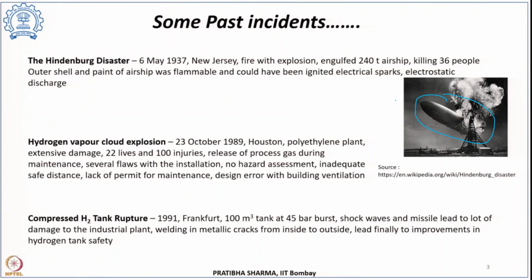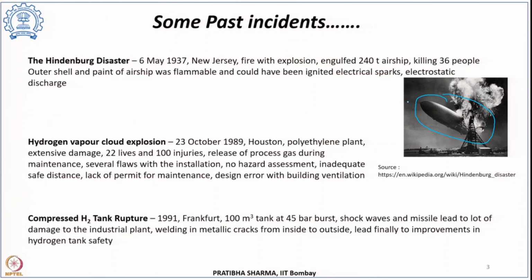During the running time of the airship, there will be temperature changes, and a lot of friction between the air and the paint outside the airship. And there will be generation of electrostatic energy, an electrostatic field.